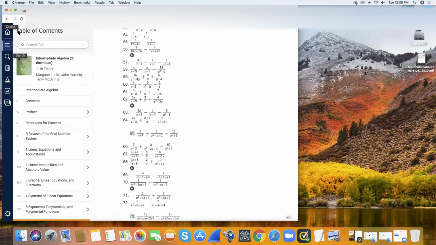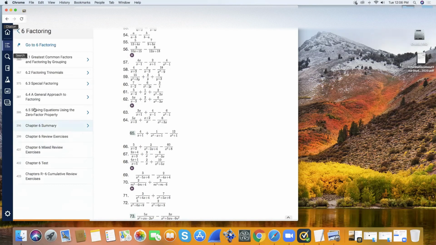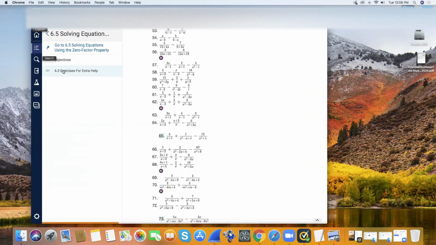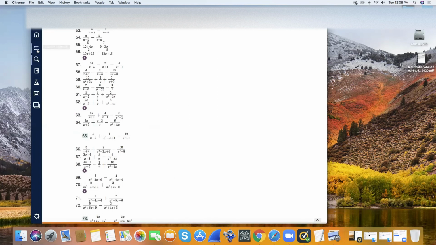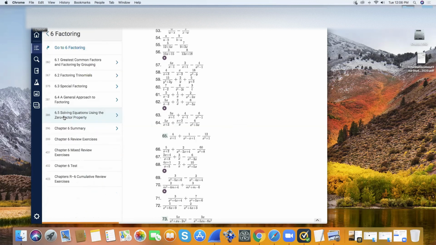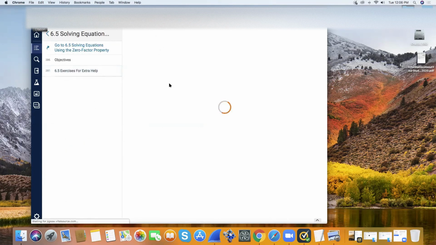Gonna go back again from 7, go back to the chapter. So this time it's chapter 6. The unit is 6.5, right? Yes. Okay, let me open that. And we're gonna go to exercises. That's where the problems are. Okay, I lost it. Let me go back again. So 6.5 exercises.